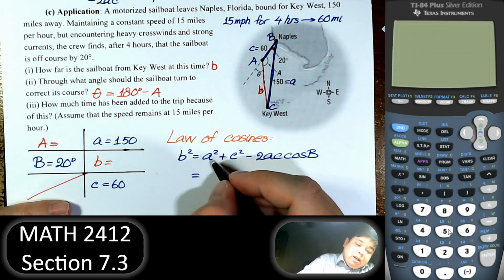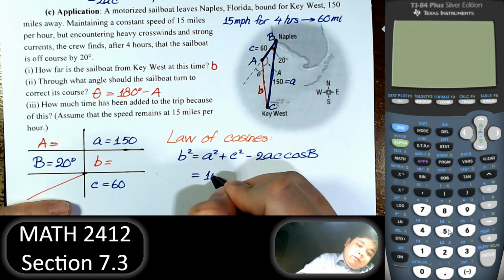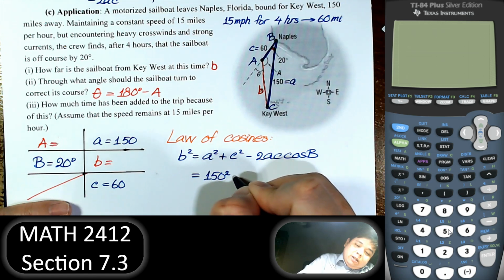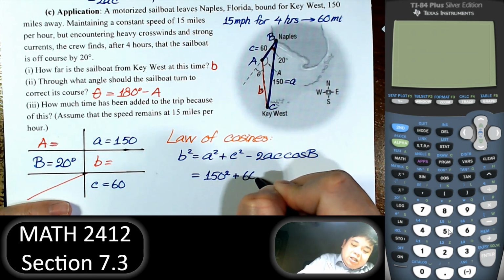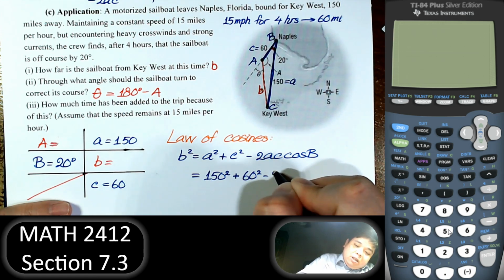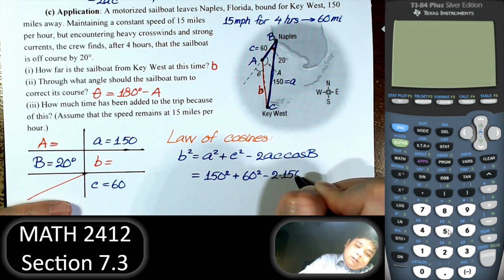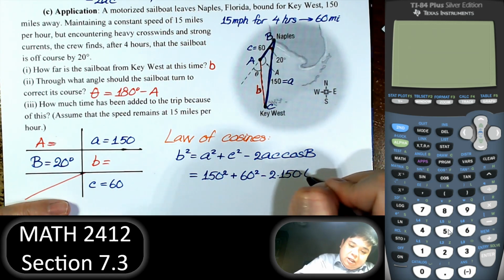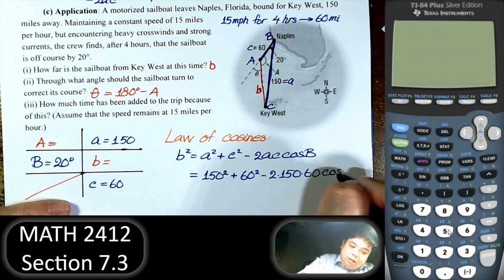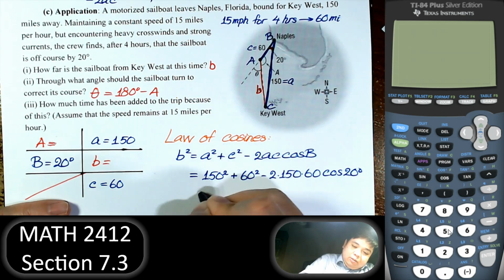We have everything, right? A is 150 squared plus C, 60 squared, minus 2 times 150 times 60 times cosine of 20 degrees.